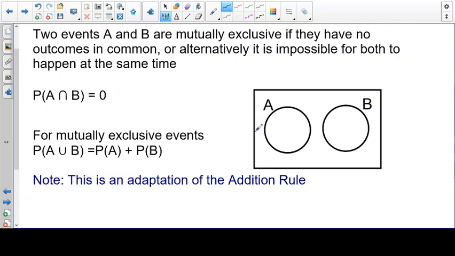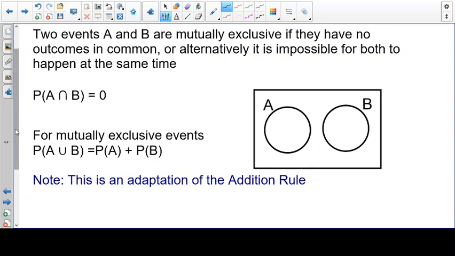The Venn diagram will look like that, so there will be no overlap. If you see a Venn diagram with two circles that are not overlapping, then you know that both of those must be mutually exclusive.